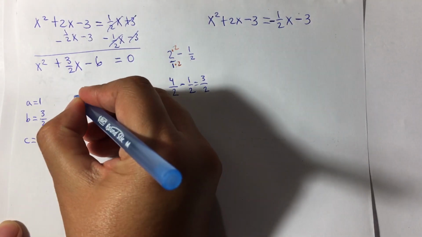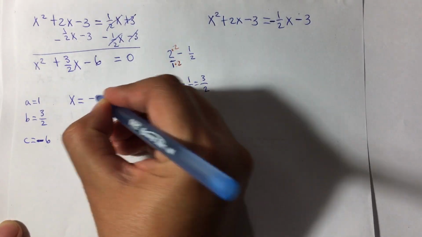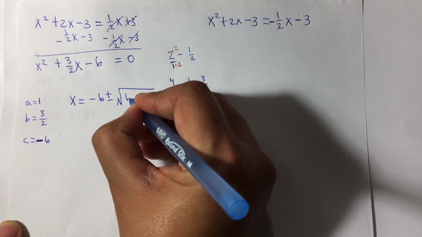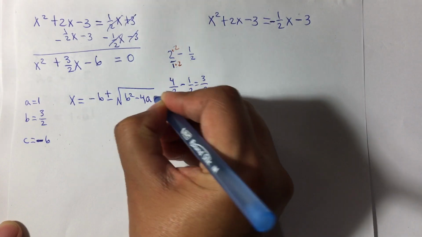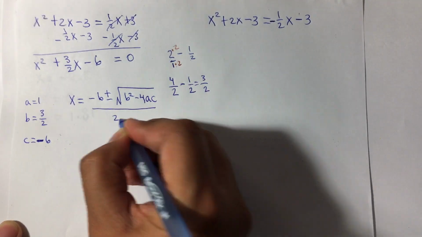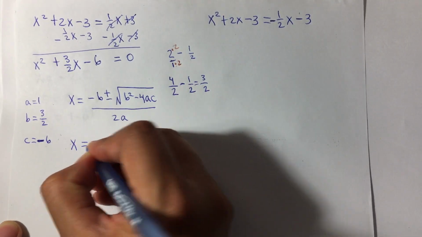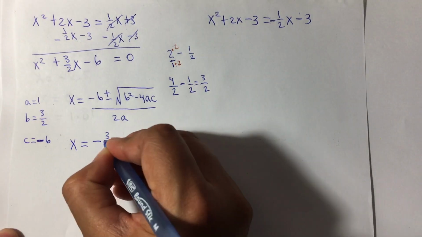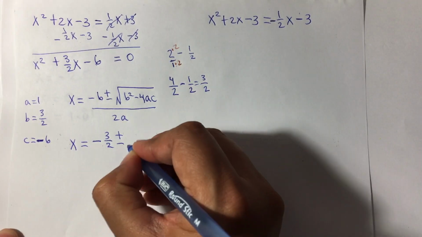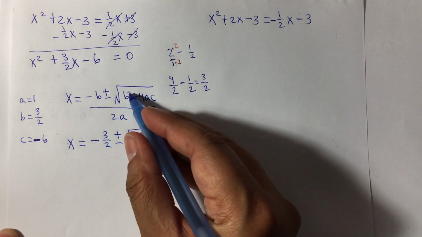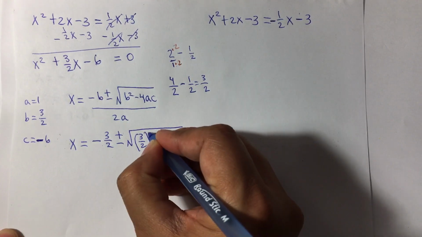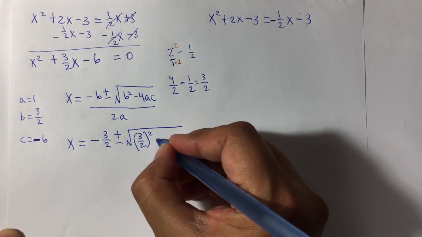Okay, so what is the quadratic equation? x is equal to -b plus or minus the square root of b squared minus 4ac, all over 2a. x is equal to -b, which is 3/2, plus or minus the square root of b squared, which is 3/2 squared, minus 4ac.